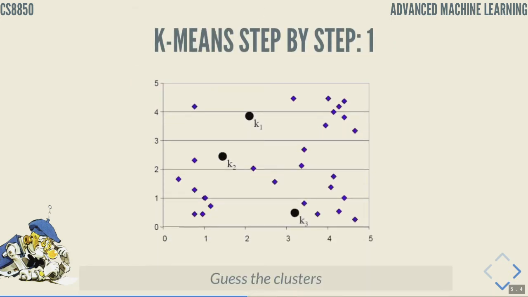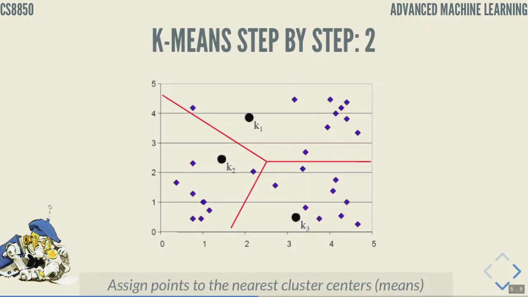The k-means algorithm works in the following way. Given the data, those blue diamond-shaped points, guess random means for each of the clusters. Say we already set a hyperparameter that there will be 3 clusters. We guess that they will be in those random locations. Then we assign points to the nearest cluster center.